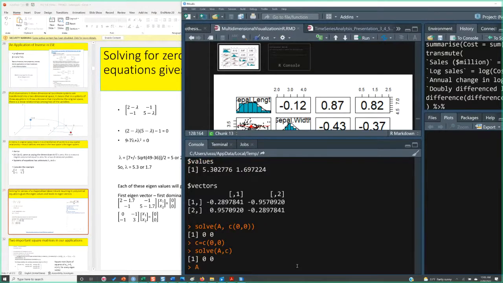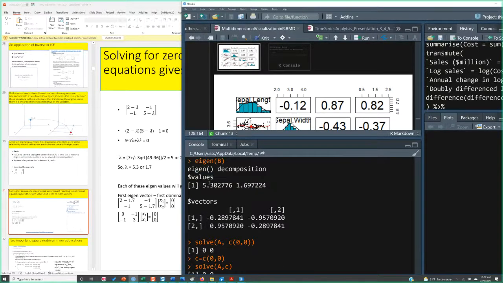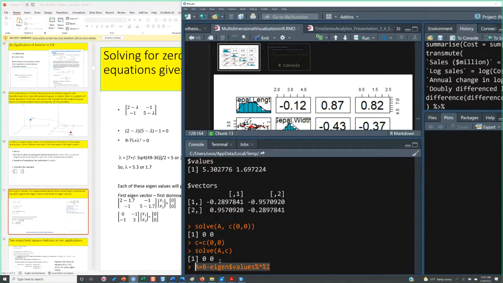A is defined as B minus eigen dollar values times, so percent times percent I. I have to store the eigen first; I haven't done that fully yet.